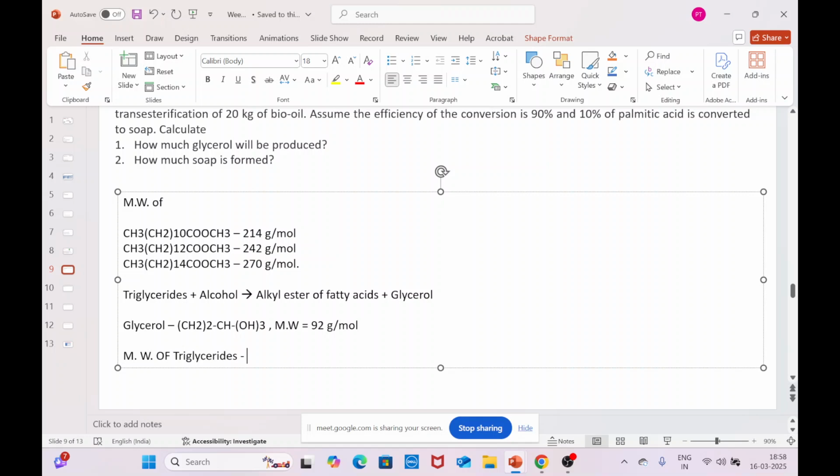So what will be the molecular weight of the triglycerides? How do we write this triglyceride molecular formula? It will be something like this: CH2, you can write COO, CH3.